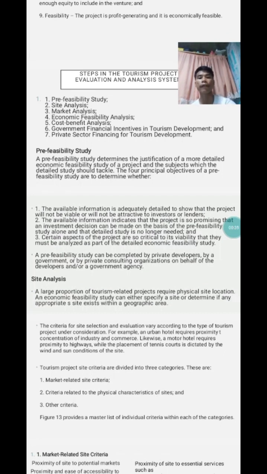Pre-feasibility study. A pre-feasibility study determines the justification for a more detailed economic feasibility study for a project and the subjects which the detailed study should tackle.